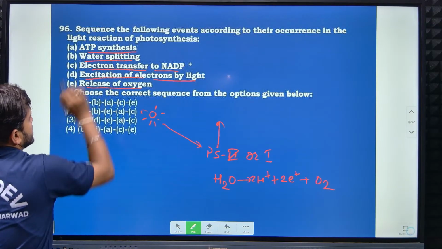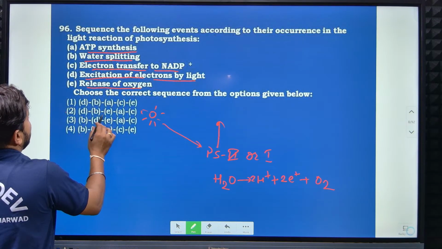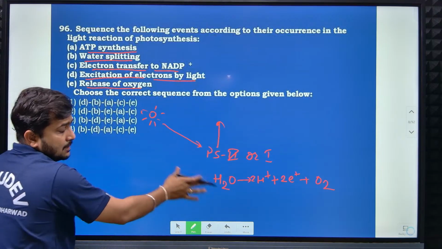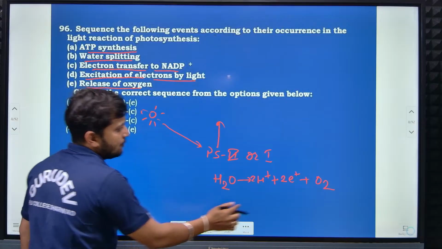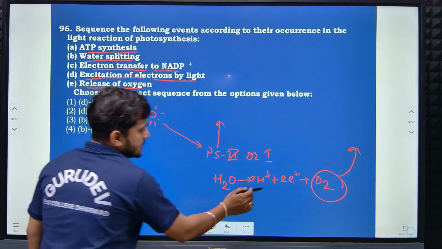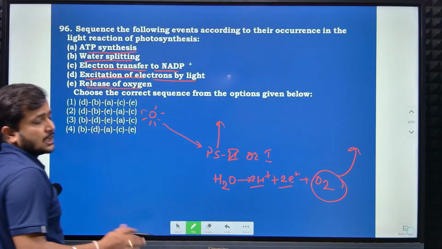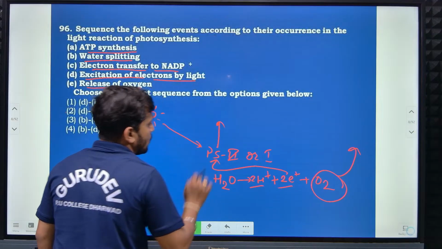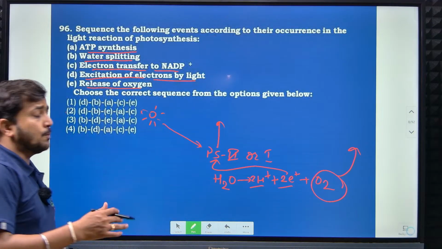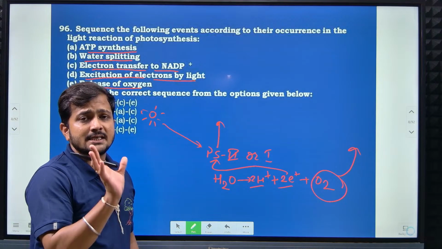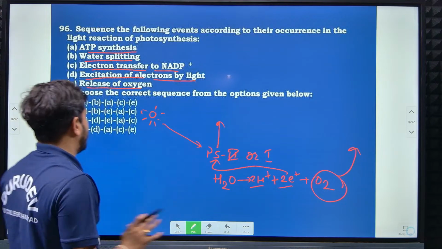So here water splitting takes place. Then later, release of oxygen. After the photolysis, we see the release of oxygen, because these 2 electrons enter the PS2 system, and the 2 protons increase the proton gradient concentration inside the thylakoid lumen.